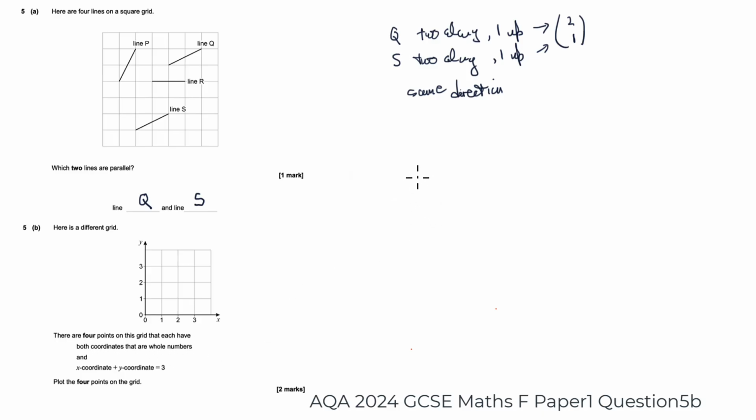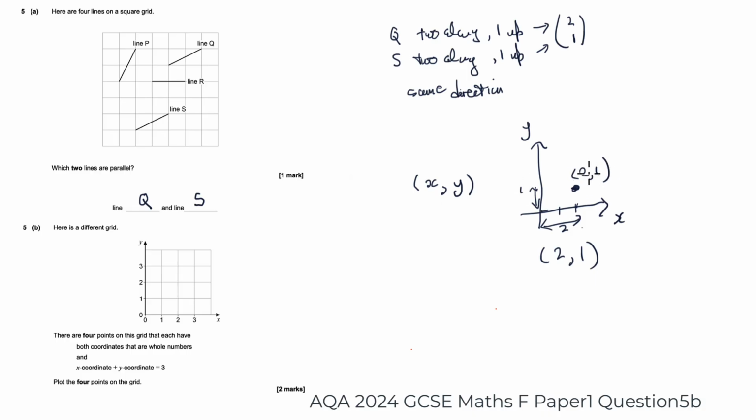Remember, for points x and y, for instance, if we have our x and our y-axis, the point 2, 1 would be 2 along and 1 up. That's 2 and that's 1. So there's the point 2, 1.